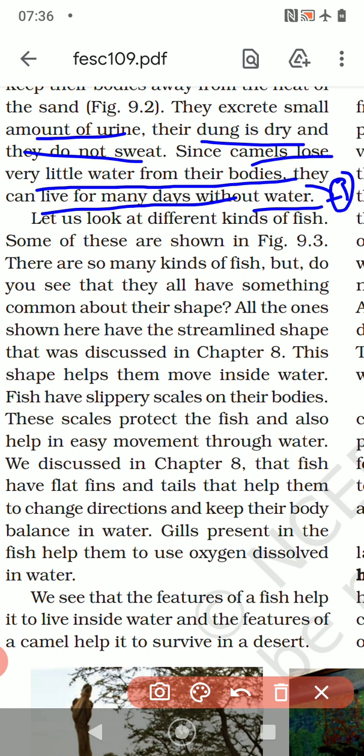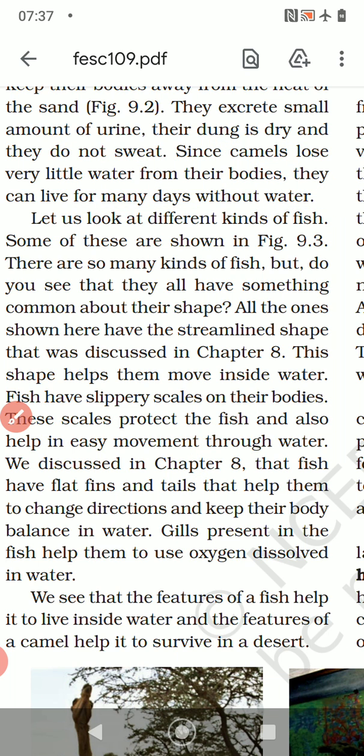Now moving ahead, let us look at different kinds of fish. Some of these are shown in figure 9.3. There are so many kinds of fish, but do you see that they have something common about their shapes? The first thing you will write for fish is that all of them shown have a streamlined shape. We know what a streamlined shape is.